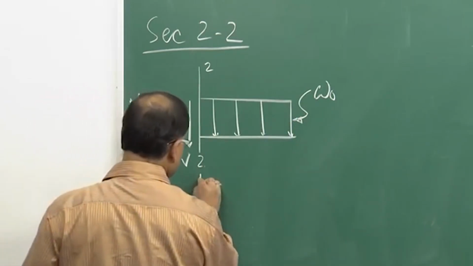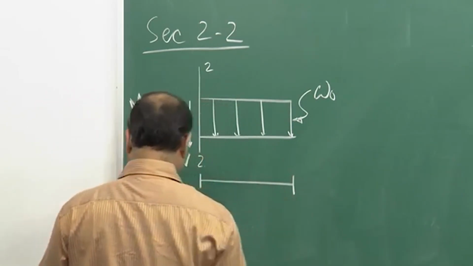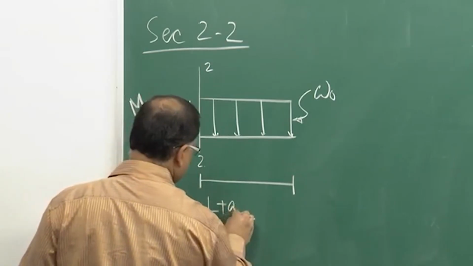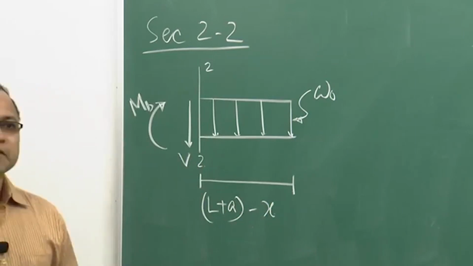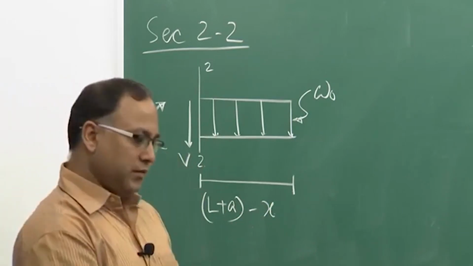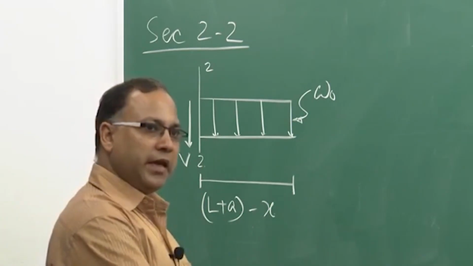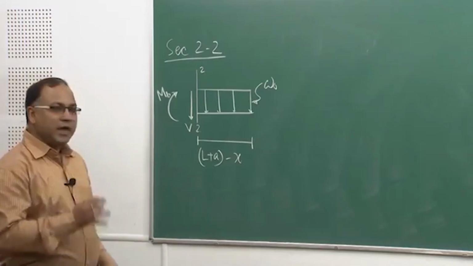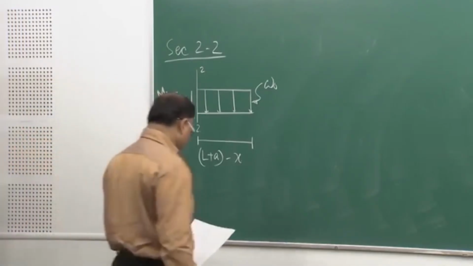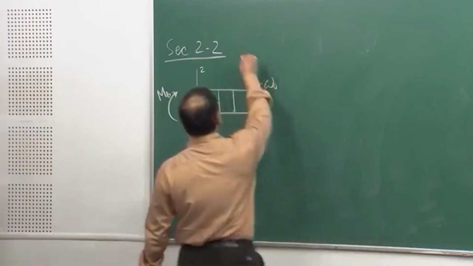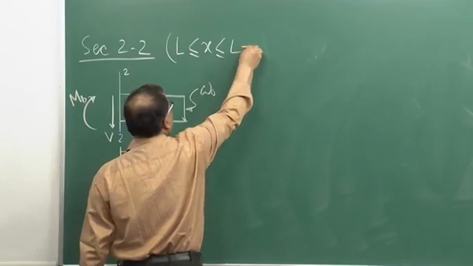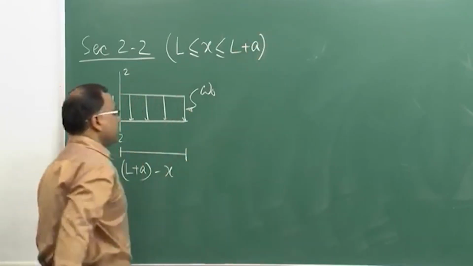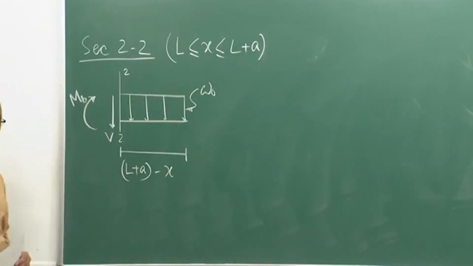And this distance is L plus A minus x. Agreed? Because section 2-2 is taken x distance away from A. So, this distance will be L plus A minus x, fine. And this section is valid between L and L plus A.